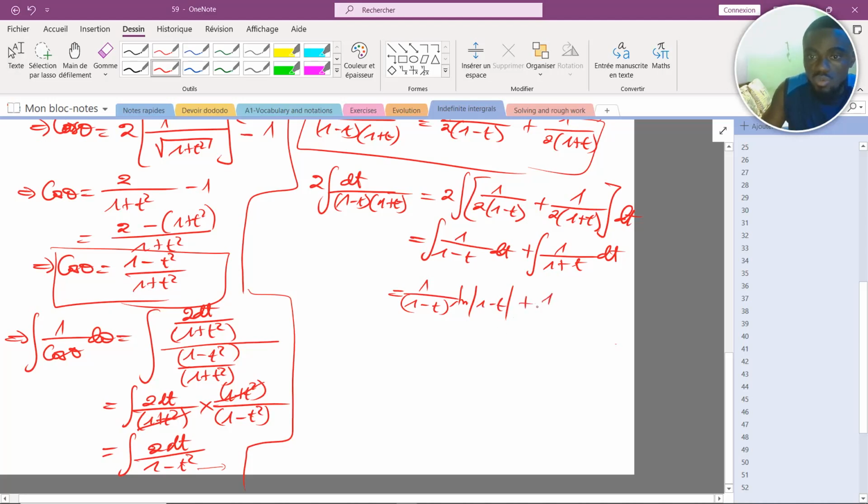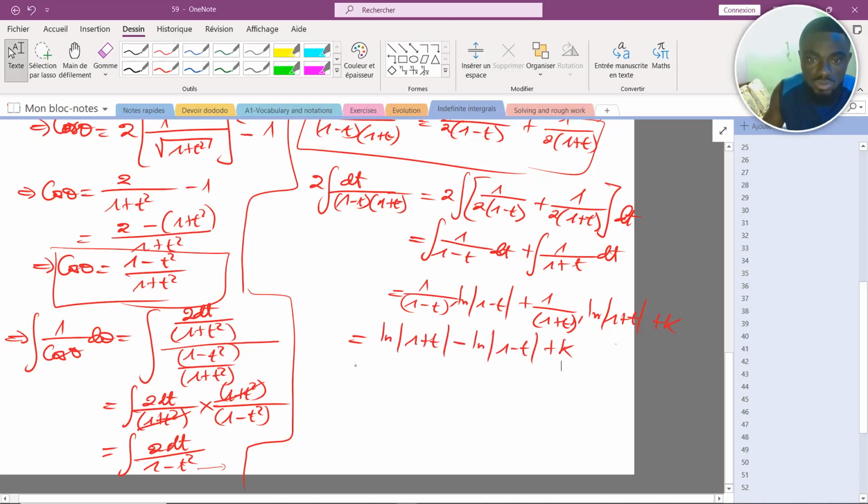Plus 1 all over 1 plus t prime ln of the absolute value of 1 plus t plus our constant of integration. When I differentiate this, I'll have minus 1. When I differentiate this, I have 1. So this will be equals to ln of the absolute value of 1 plus t minus ln of the absolute value of 1 minus t plus our constant of integration.